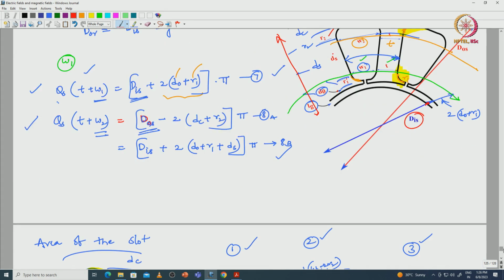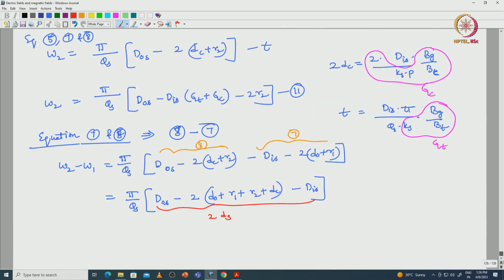So, with respect to that analysis, the total term is nothing but ds. Then finally, ds is equal to W2 minus W1 by 2 pi into Qs. This is equation number 12.